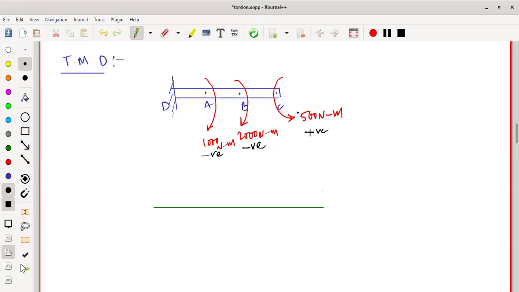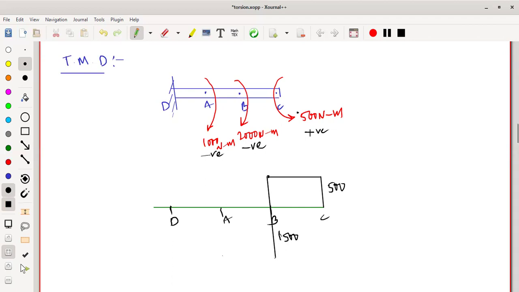First of all, it is 500 height, and this point is C, whereas this point is B, this point is A, and this point is D. So C to B, we have only 500 magnitude. The height of this one is 500. It is positive. By including this one, it is 500 minus 2000, which is going to be 1500, but it is negative. So this height is going to be 1500.